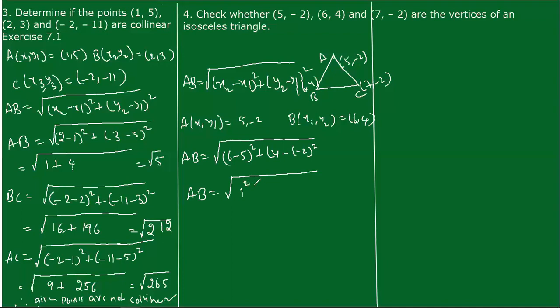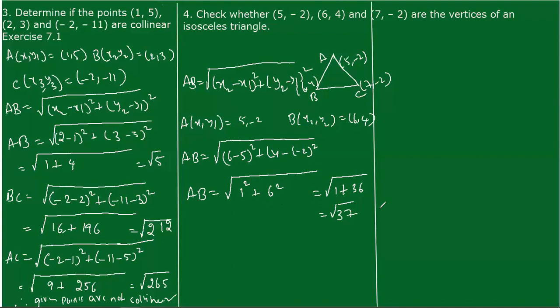Here we have minus into minus, it is plus, so 4 plus 2 is 6, and 6 square is 36. So 1 plus 36 is 37, AB is root 37.